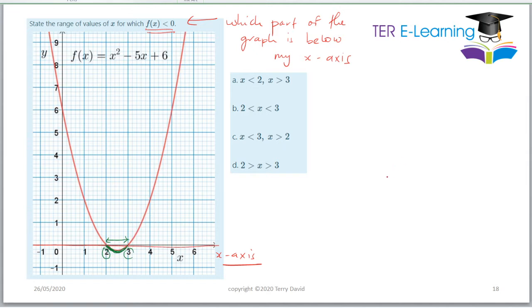Now, the next part is you need to be able to write that as an inequality, right? So what you do, you say x has to be greater than 2 but less than 3, right? That's how you write the inequality for less than. So therefore the answer has to be B in this particular case. Does that make sense to you all?